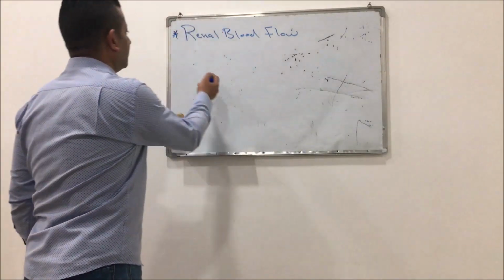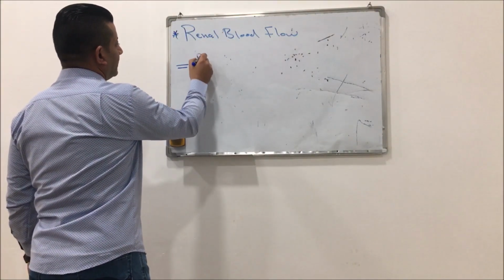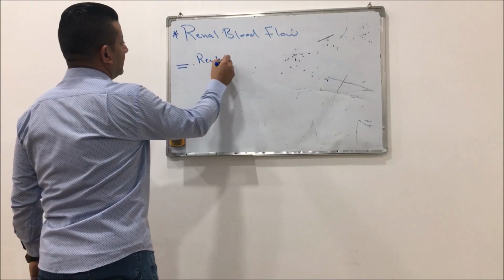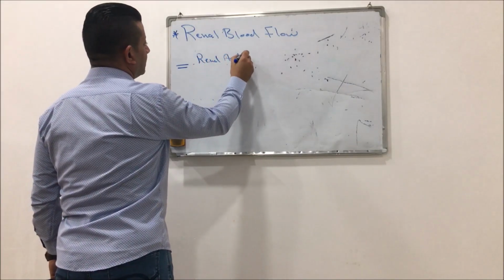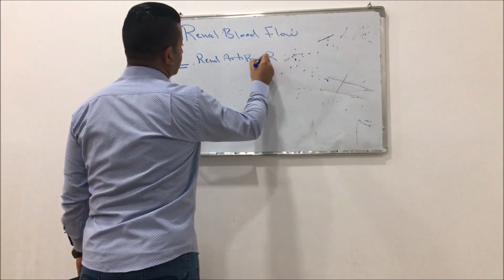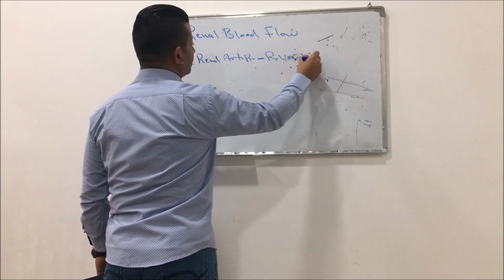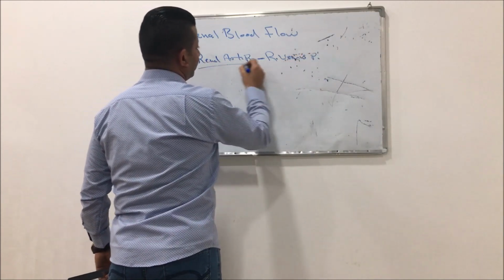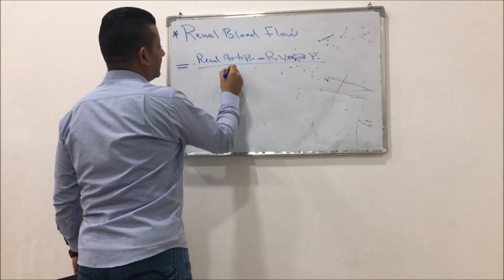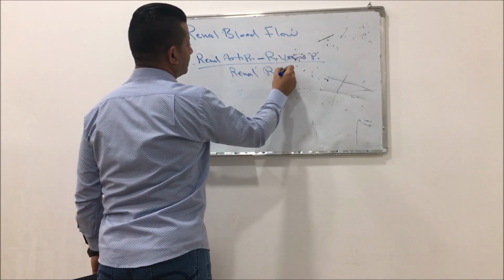So the renal blood flow can be determined by renal arterial pressure minus renal venous pressure, divided by renal resistance.